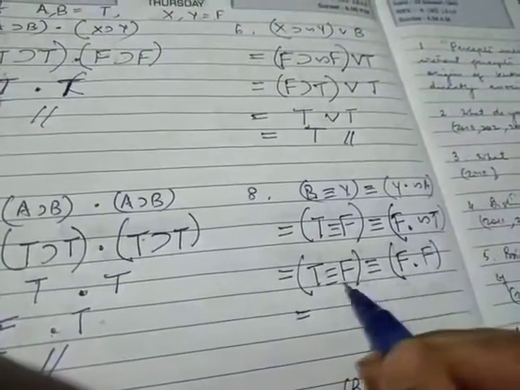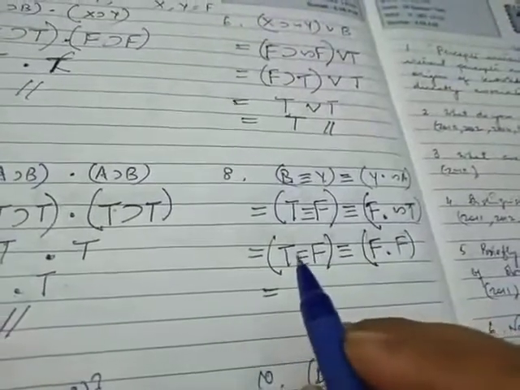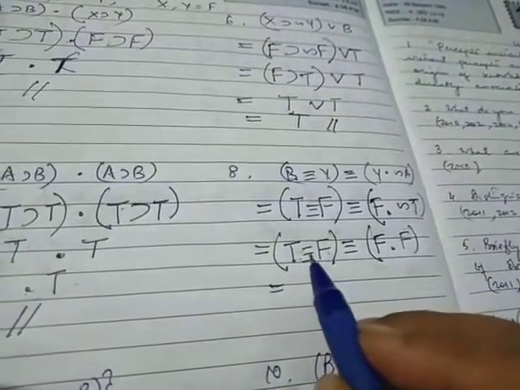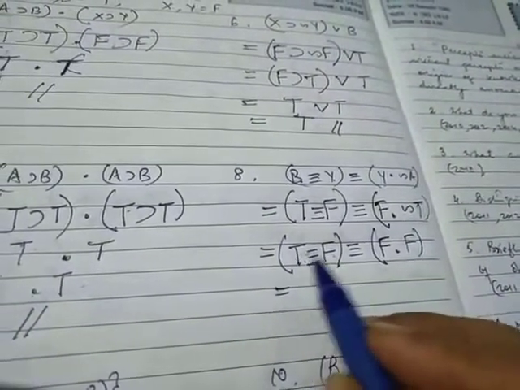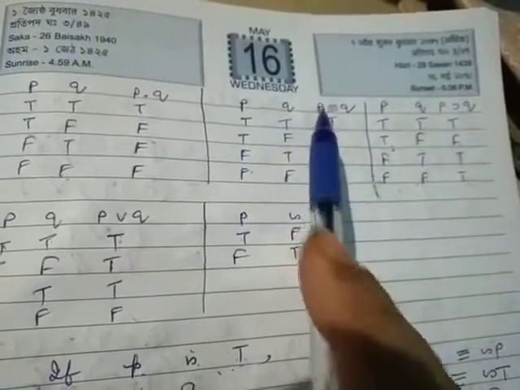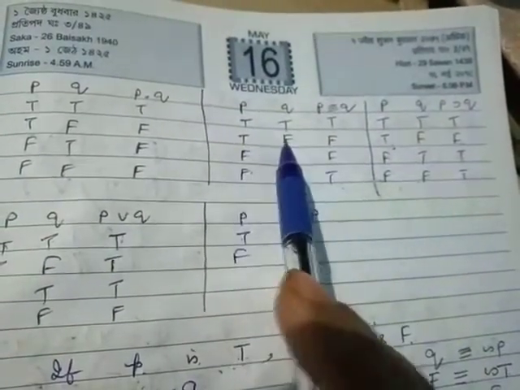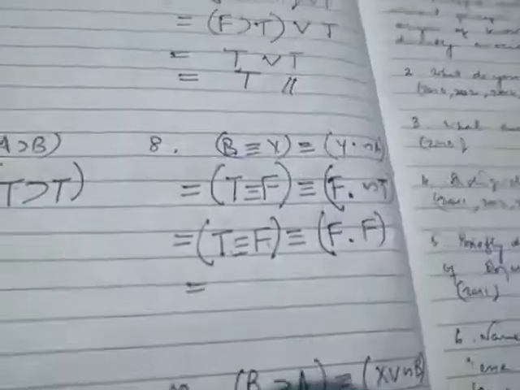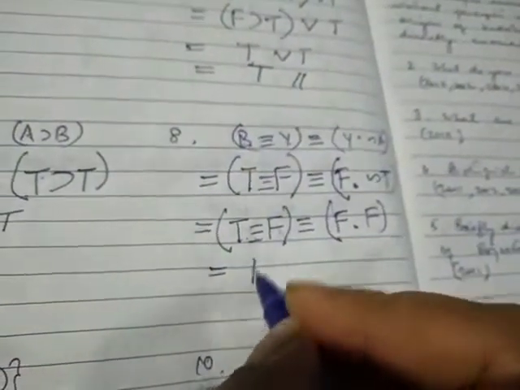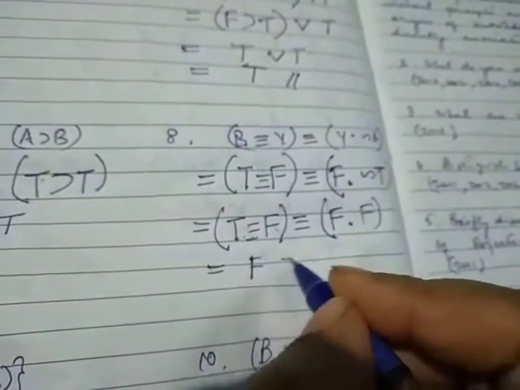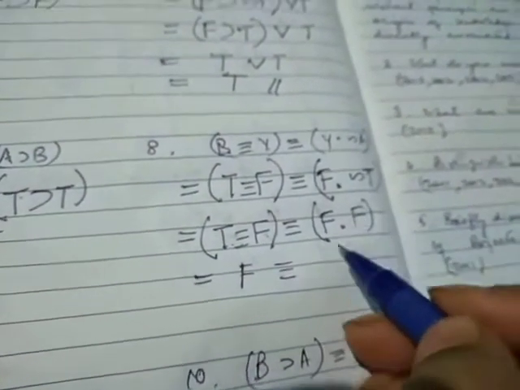Now I have two brackets, so I have to do that. T triple bar f. So what is the value of triple bar when there is tf? When there is tf, the value of triple bar is false. Tf means false. So I will write false here, and then again 3 bar, and then this the value of the bracket.